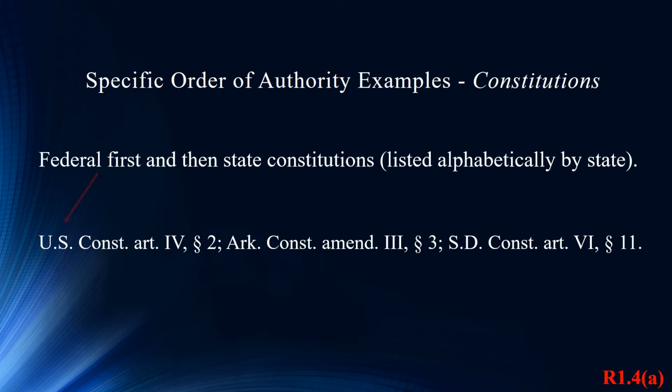The U.S. Constitution is cited first because it's a federal constitution, then the Arkansas Constitution, and then South Dakota's Constitution, because they are both state constitutions and are ordered alphabetically, making Arkansas second and South Dakota third.